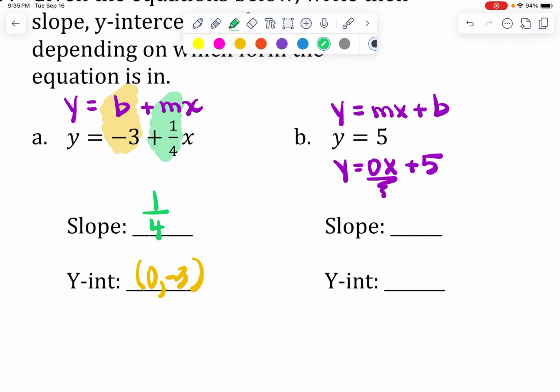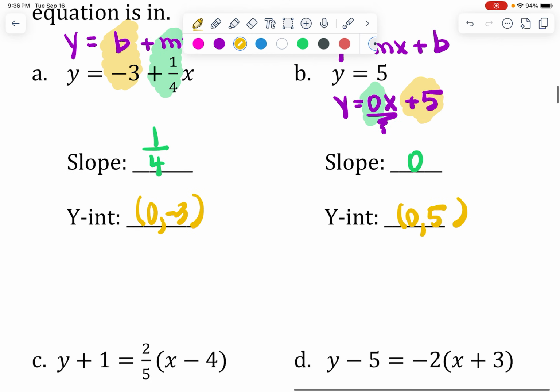So our slope is 0, and our y-intercept is the +5, but of course we're going to write that as 0, +5. And just as a little reminder, what kind of line would that be? It would be a horizontal line because only horizontal lines have slopes of 0.